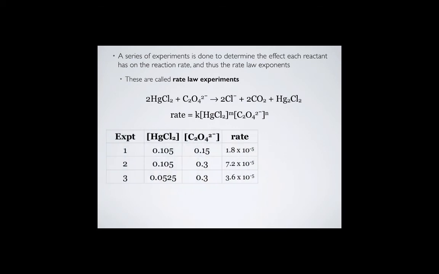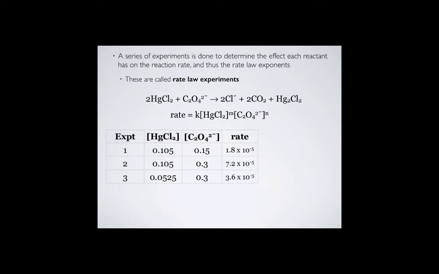So here's a very typical set of data that we would get from a series of rate law experiments. Going from experiment 1 to experiment 2, we changed the concentration of the oxalate ion, and we can see that the rate changed. Then going from experiment 2 to experiment 3, the oxalate ion concentration is now the same, and we only changed the mercury chloride concentration.